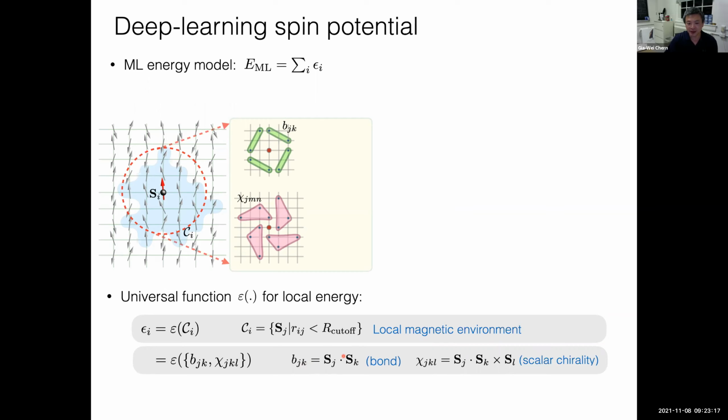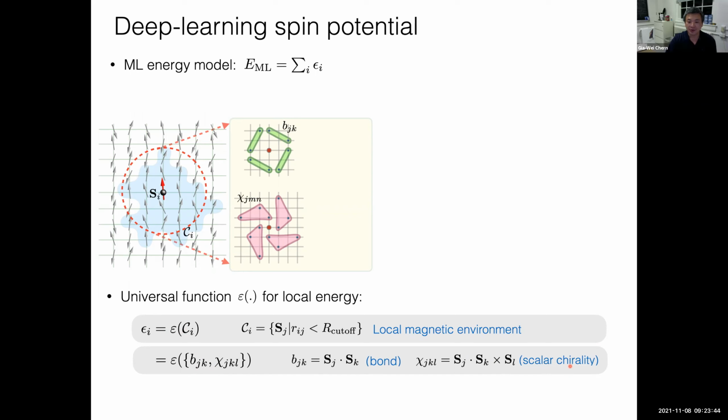Bond variables are all the pairs within this cutoff, like sj·sk, and the scalar chirality are all the spin triplets in this form within the cutoff. By assuming that this universal function only depends on the bond and the scalar chirality, the spin rotation symmetry is automatically respected.